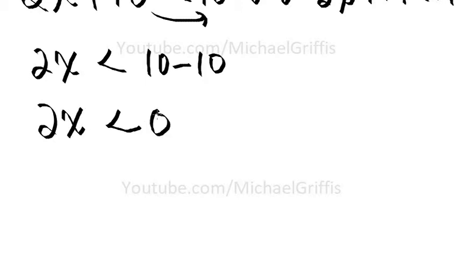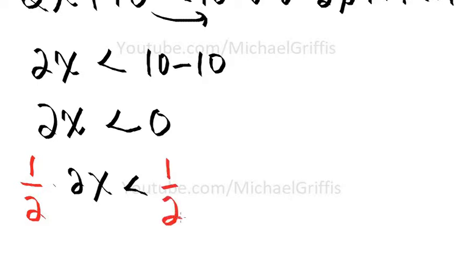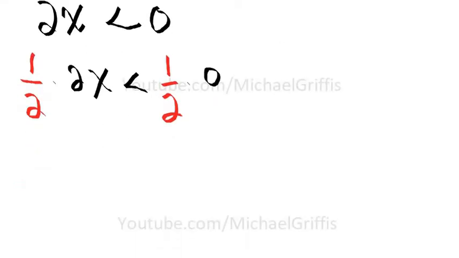Multiplying both sides by a half, the reciprocal, we're left with x is less than 0, right? Half times 0 is 0. So x is less than 0.